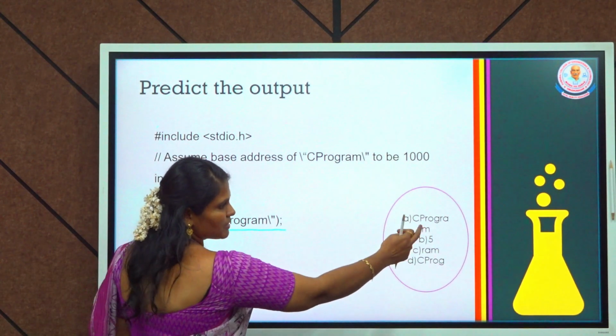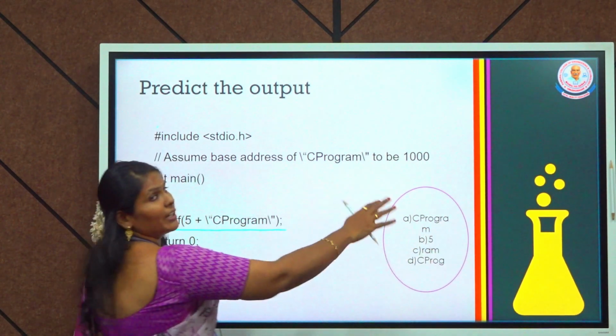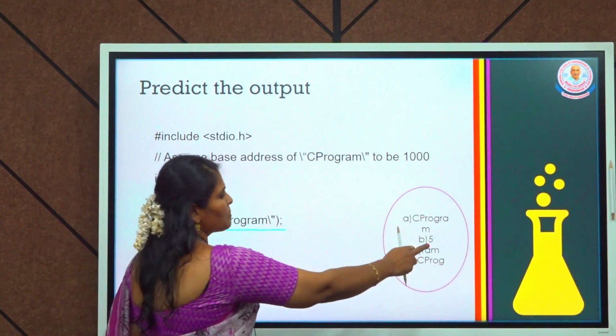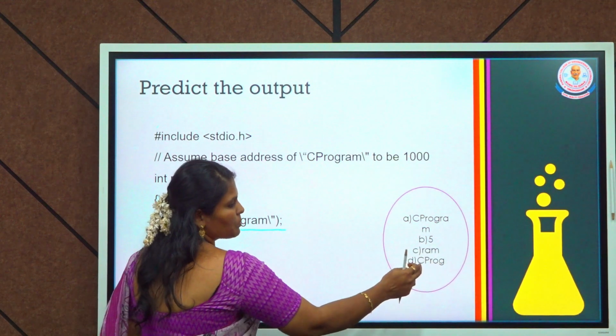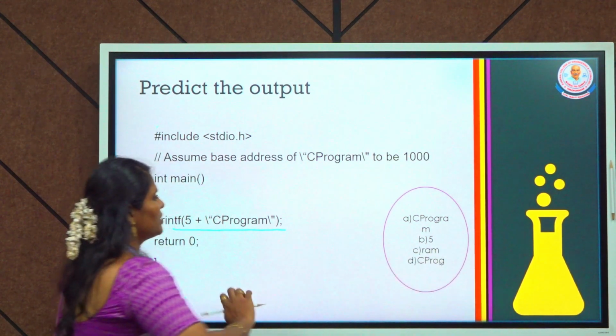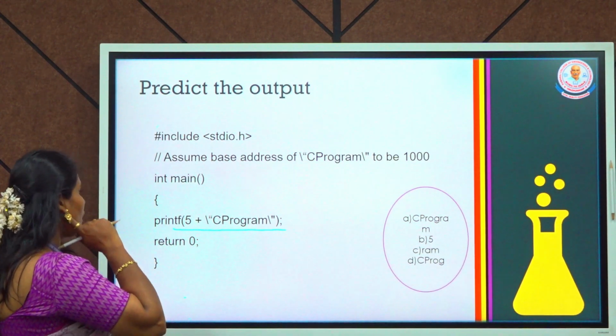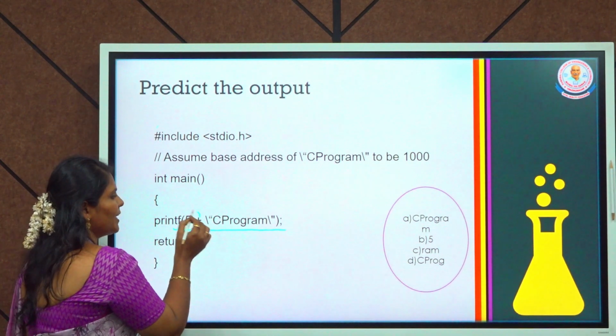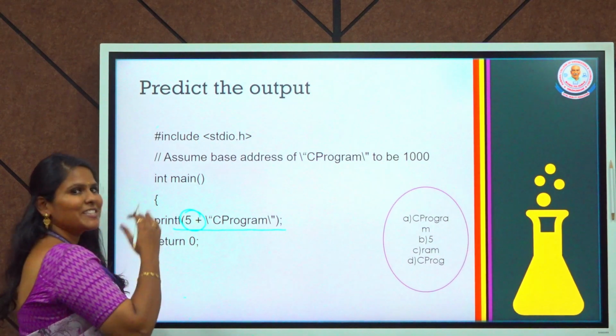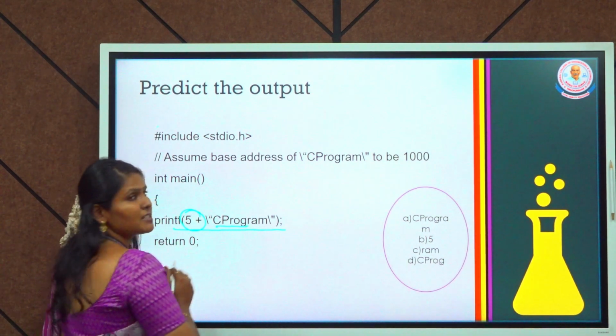Option A is C program, that is, it will be fully printed. Option B is only 5. Option C is RAM. Option D is C prog. What may be the output? Here the 5 plus indicates that it skips the first 5 characters of the C program.